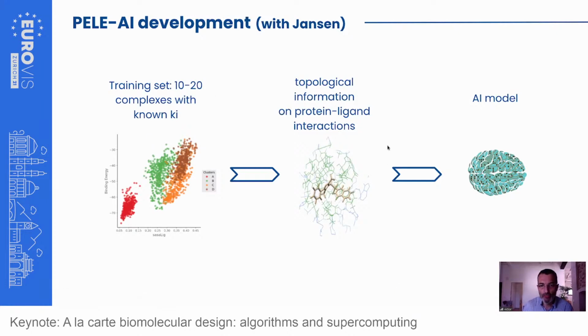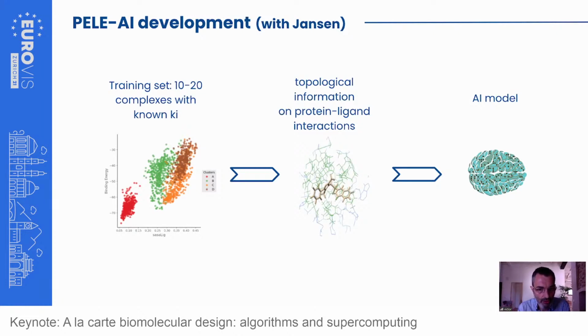We pass this into different descriptors, topological descriptors, and here it's not only 2D, here it is 3D. We have the receptor and we have the molecule. So topological descriptors, graphs from the protein-ligand interactions, images, who knows? We are still working on all these things. We make AI models, and now we can have a scoring function that will be specific for this target.